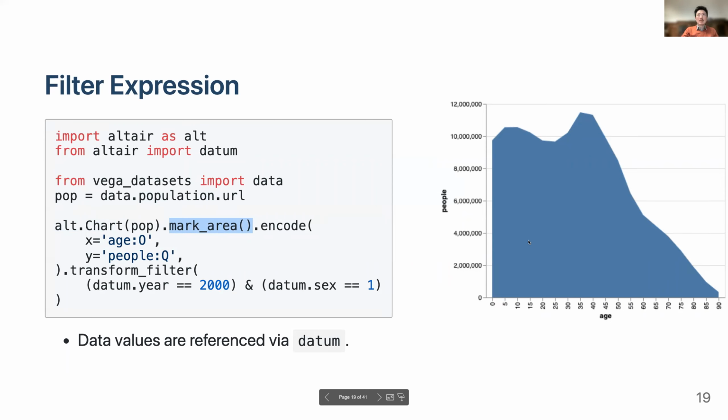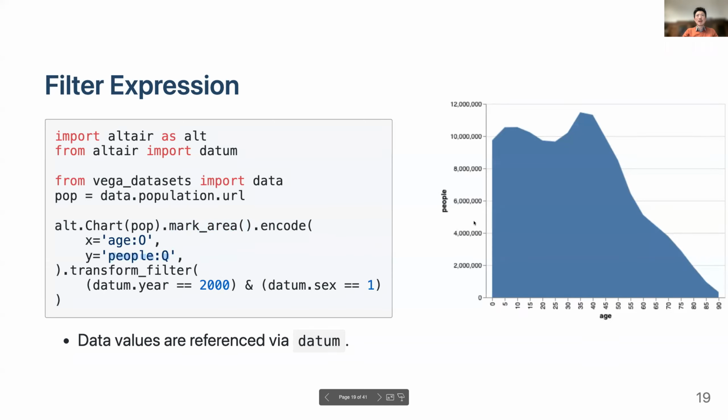In this particular case, it means you're going to color the area under the line, fill it with some colors instead of just showing the line itself. Then the X will be mapped to the age, so this will be ordinal again, and the Y will be mapped to the people. It will be quantitative. So this will be the population, I think.